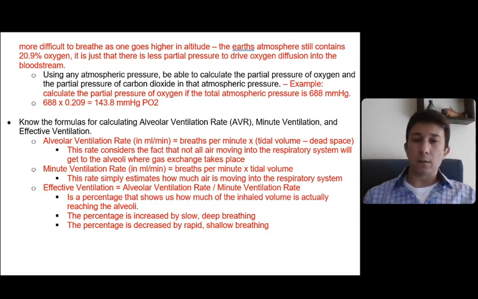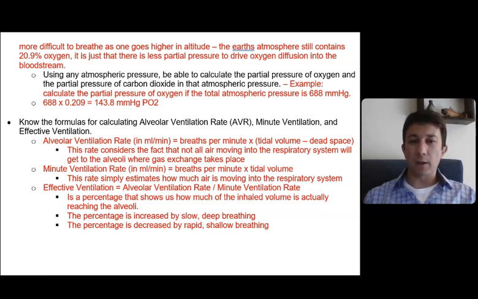On the other hand, rapid, shallow breathing decreases the percent effective ventilation, because it means that, yes, you're moving a pretty good amount of air very rapidly in and out of the respiratory system, but not much of it is actually getting to the alveoli where it's needed to exchange oxygen and carbon dioxide.